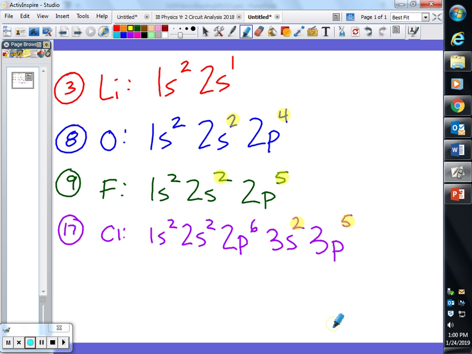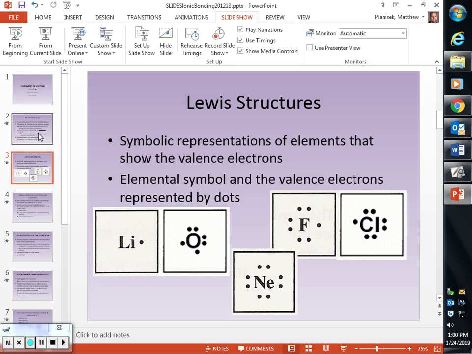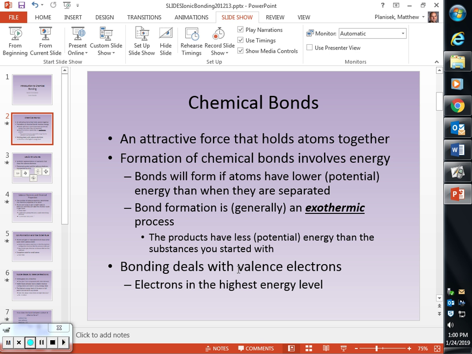This is a lot of work for starters, right? But we want shorthand representations of this important information. This all started back with the last statement on this slide that says bonding deals with valence electrons.